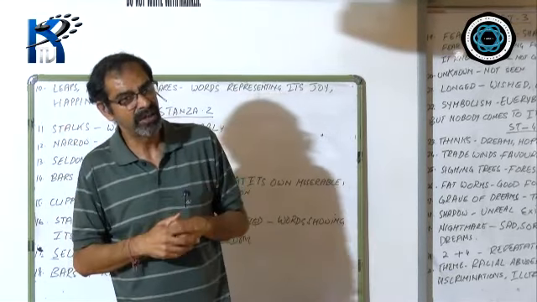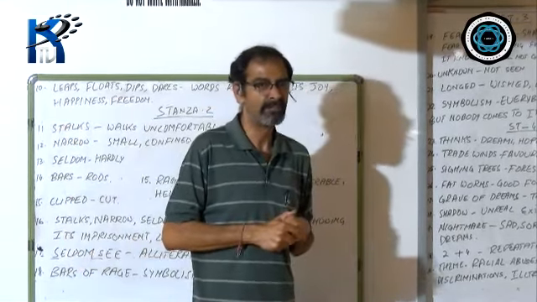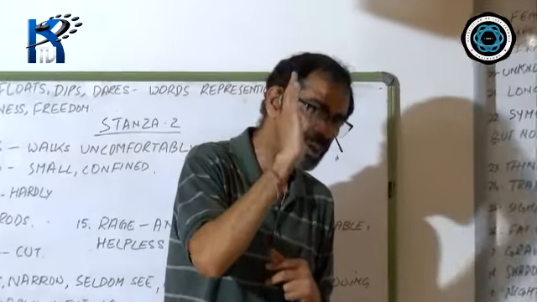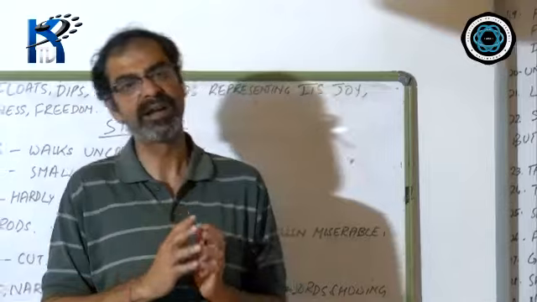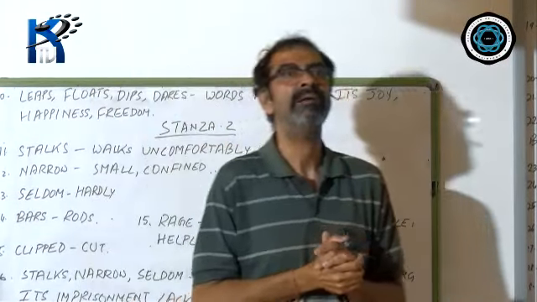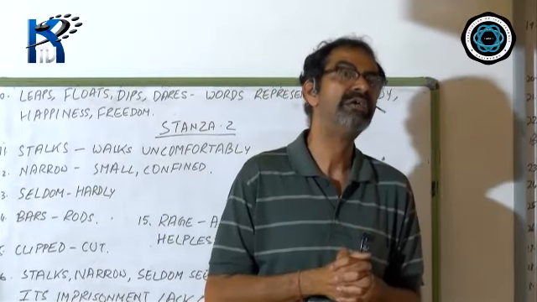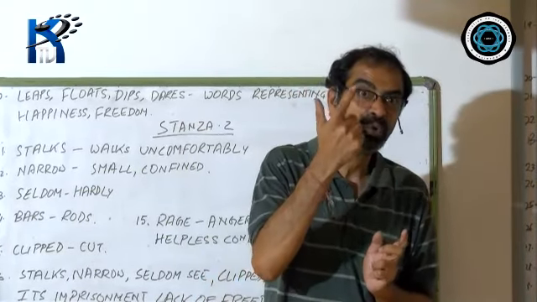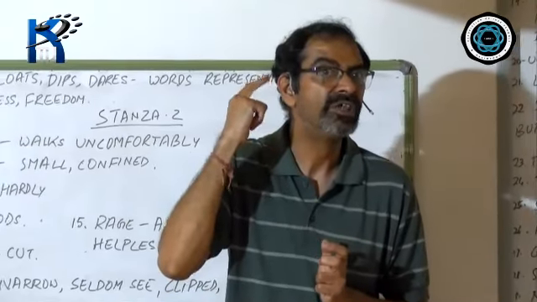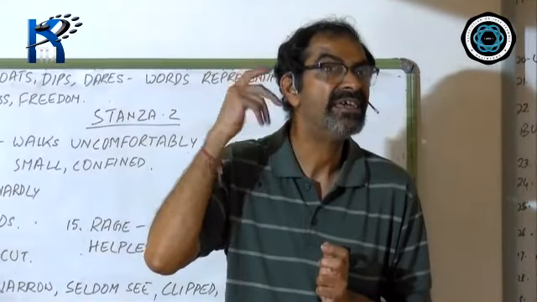And most importantly, another thing you will have to remember, when you look at the description of the free bird, when you look at the description of the caged bird, you will see there are imageries, visual imageries, there are auditory imageries, which you can hear.